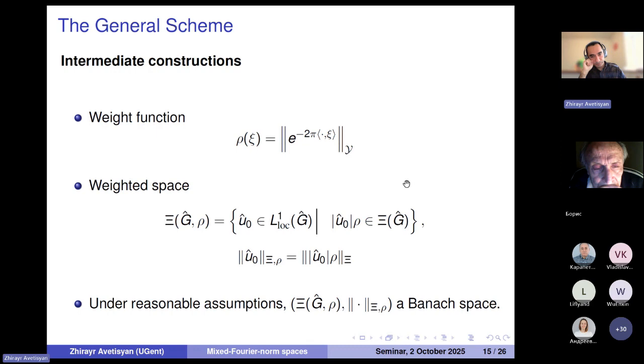And then we equip this space with the norm as given in the last displayed formula, namely the psi norm of this product of the weight and the absolute value of u naught hat. So again, under some reasonable mild assumptions, with this norm, this weighted space is complete. We show that it is, so it is a Banach space.